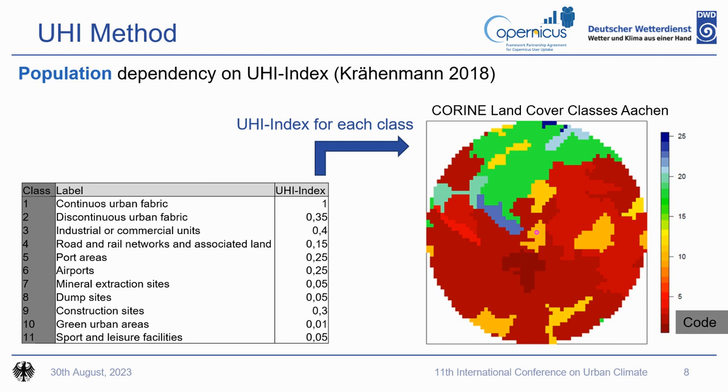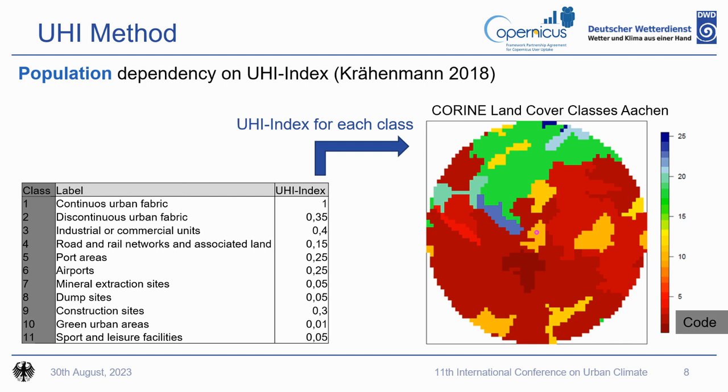We have the table on the left side where all the urban classes, 11 of them here, are assigned a UHI index. This index represents the ability of this land cover class to heat up, let's say, and ranges from 0 to 1.